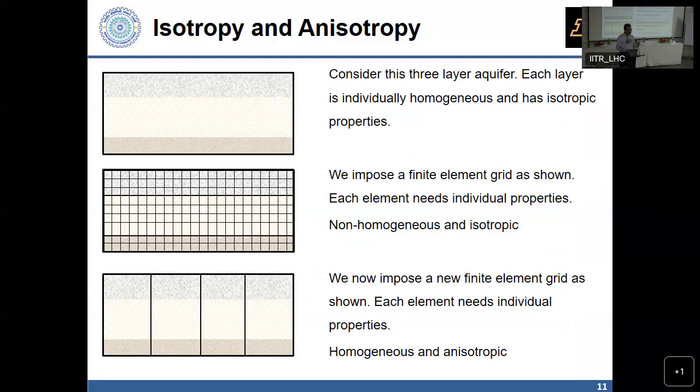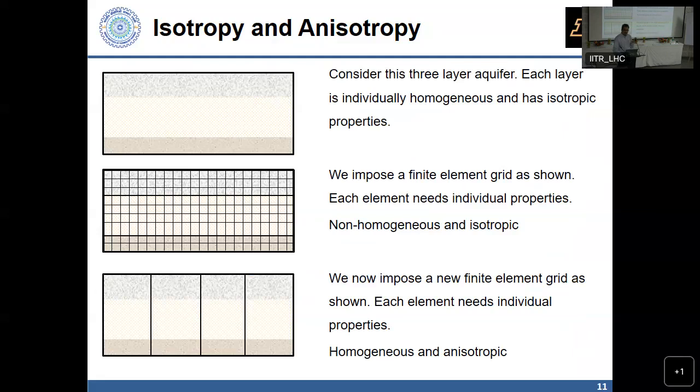So now let's say I want to model this kind of porous medium, and I impose a finite element or whatever grid I want. And let's say this is my finite element grid. What I'm required to do now for my finite element model is provide a property in each of these elements. When I do that, you notice that each of these elements is within the same medium.